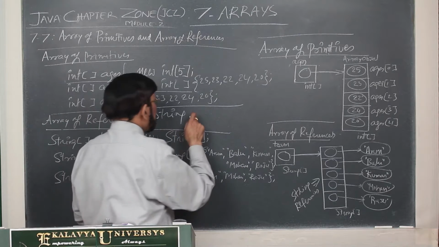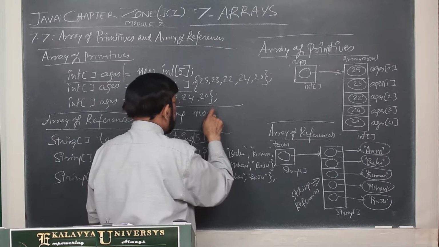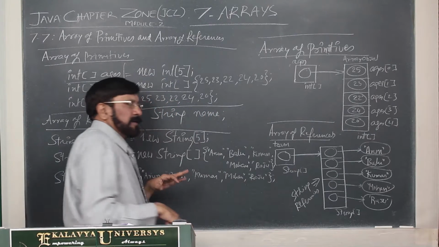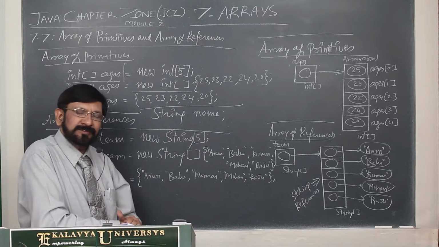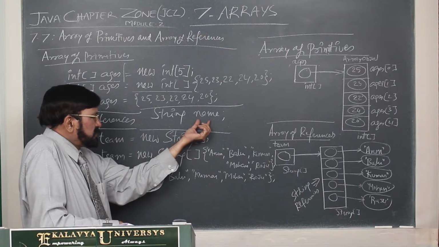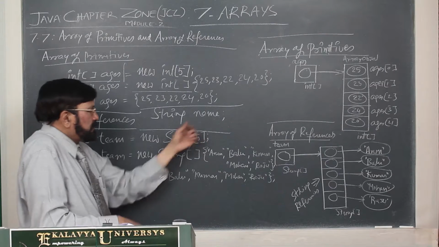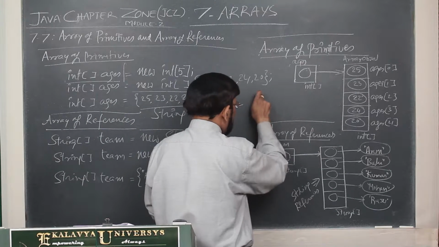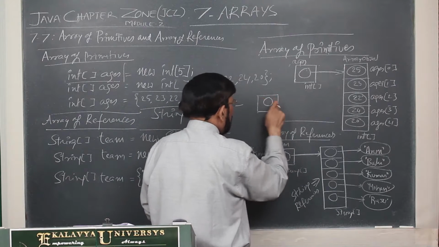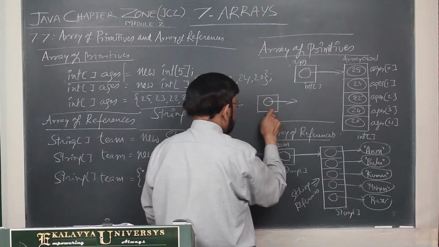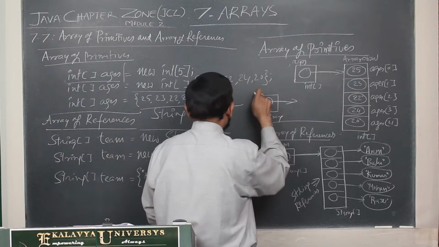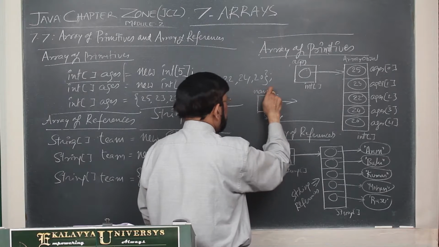Suppose you see String name. First to understand string, suppose you have declared it like this. Then this is an object reference, a String class object reference. As a result of that, what happens? One reference variable of type String is created and its name is name.